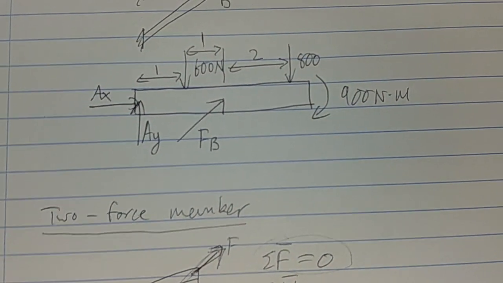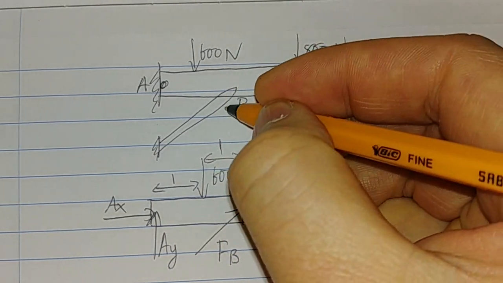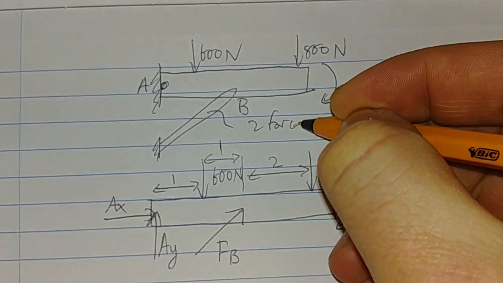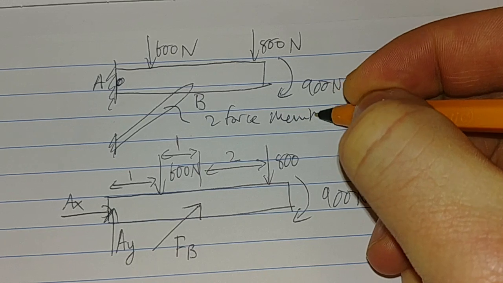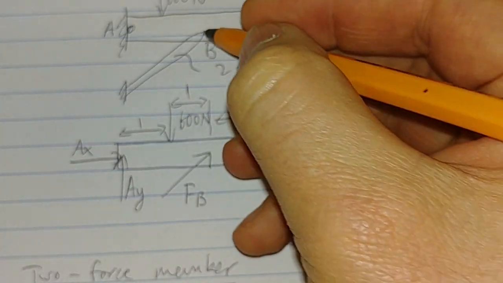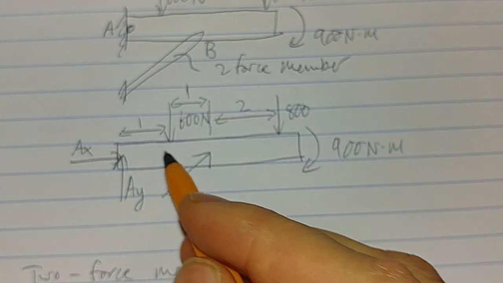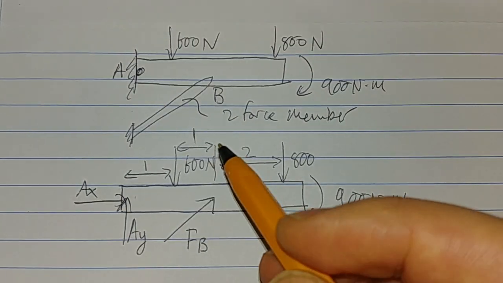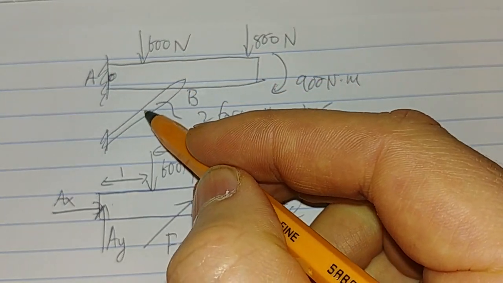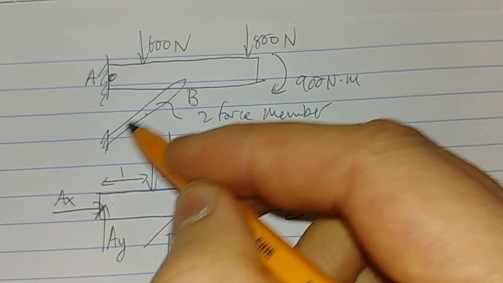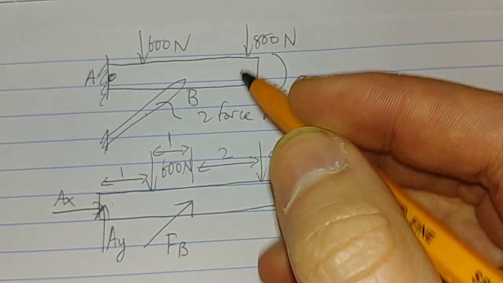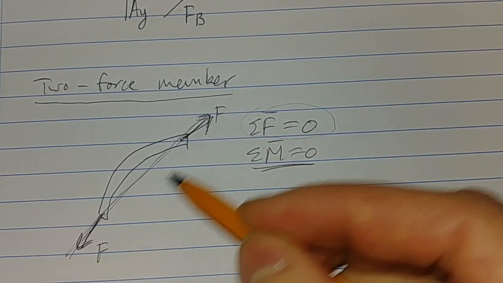So now, when we come to this strut here, this is a two-force member. That is why, when we draw the free body diagram of this top beam, we know that because this is a two-force member and it's in equilibrium, it's not translating anywhere and it's not rotating, it has to follow this rule.